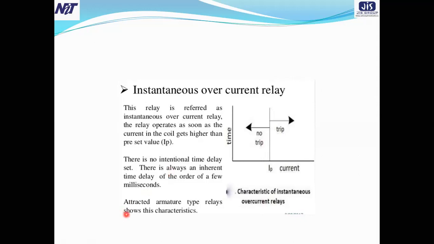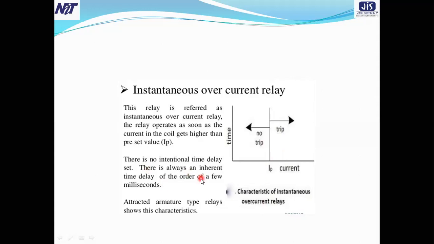Attracted armature type relays show this characteristic. If you follow this diagram, you will find that along the y-axis is time and along the x-axis is current. There is no trip if the current level is on the left side of IP, and it will trip if it is on the right side of the IP value.